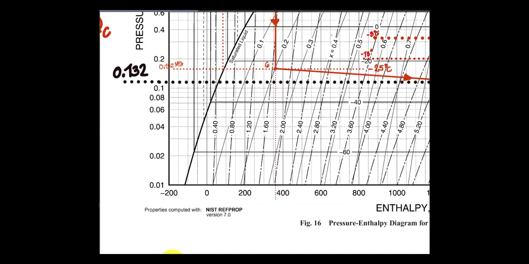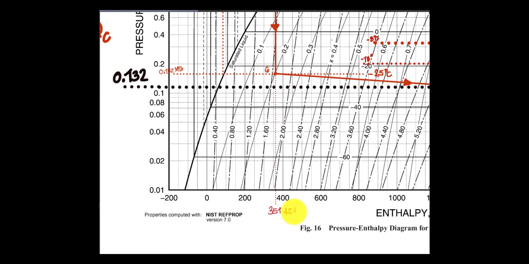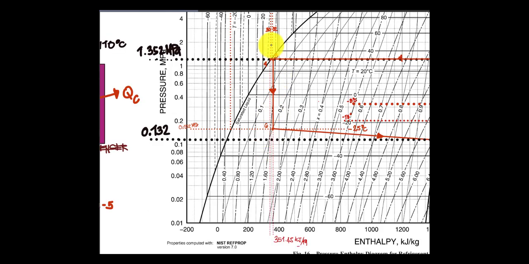Okay. And also let's try to plot the properties here in our pH diagram. So for points 5 and 6, that is 351.45 kilojoule per kilogram for the enthalpy at that point. Now for point 4, we have here the corresponding enthalpy, which is somewhere touching here.